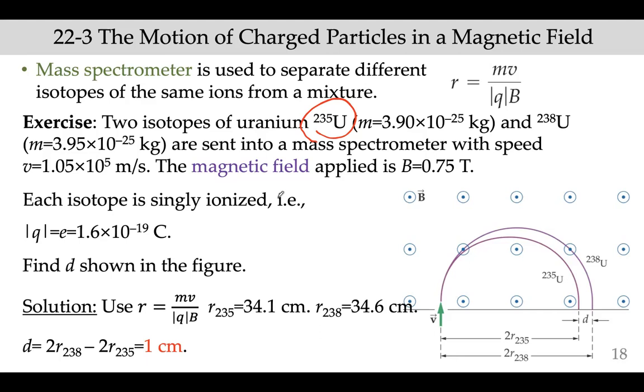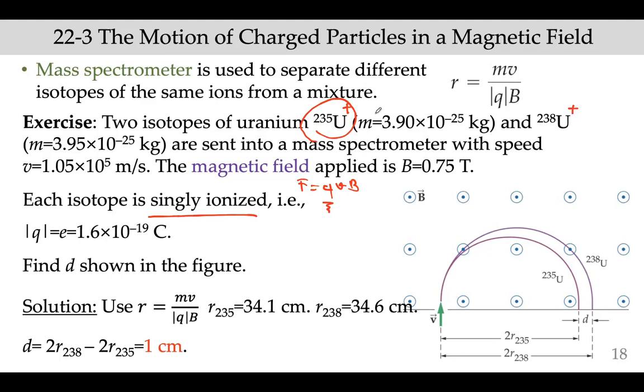But if you remember the magnetic force, it was qvB, so they should be charged. How do you make them charged? You basically strip one of the electrons they have. In this case, they are singly ionized, which means you take 1 electron from each. And what happens when you take 1 electron? They become positively charged.